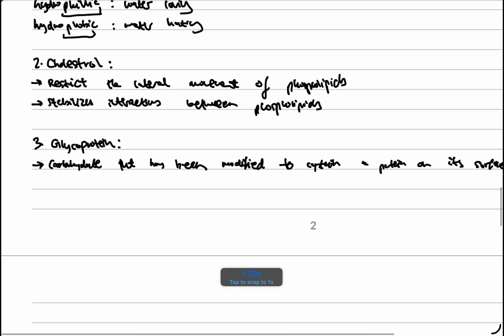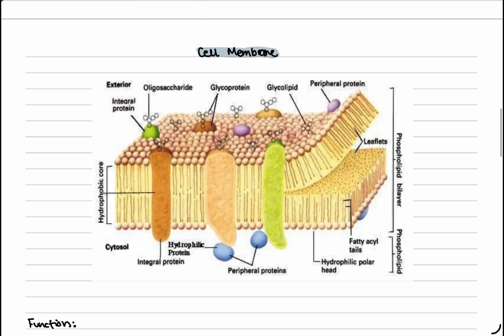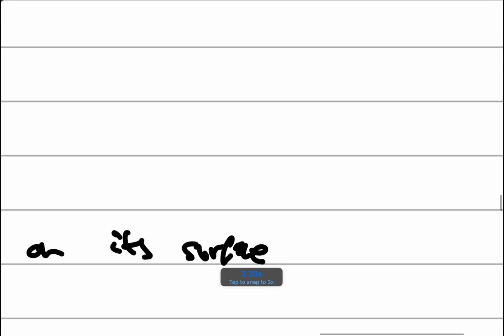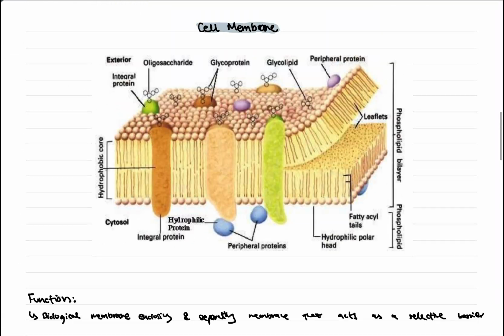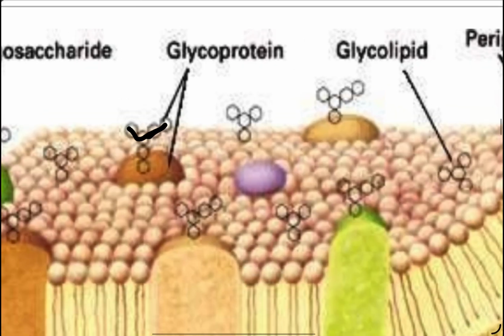That's typically what it is. They basically act as receptors usually, and we can see them on the diagram that we have here. That's the glycoprotein, so that's the protein aspect, and that is the carb aspect.